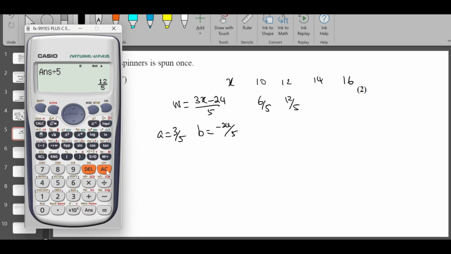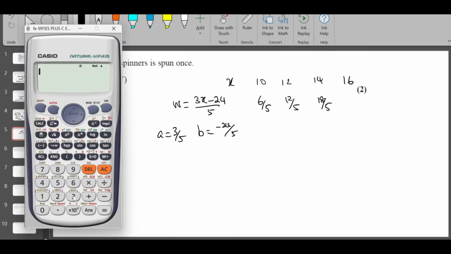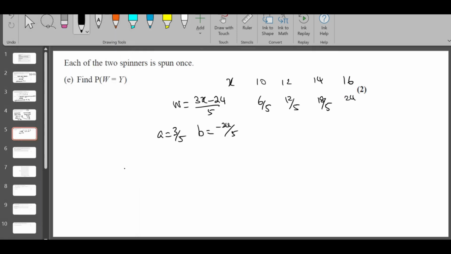When you sub in 14, 3 times 14 minus 24, hope you understand what I'm doing here, divided by 5 is 18 over 5. When you sub in 16, 3 times 16 minus 24 over 5, which is 24 over 5. These are all the values of W now.